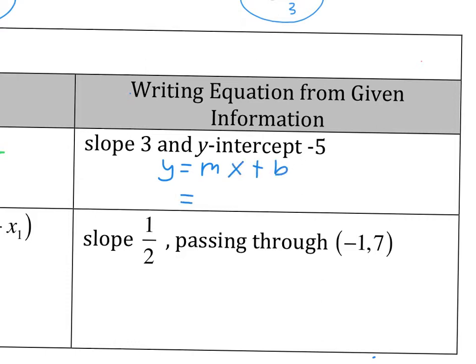And all we do is substitute in. My m is slope, so that's 3. My x is all the numbers that I can put in. And my b is negative 5. And that's my answer. That's it. Y equals 3x minus 5. We'll get to in a moment how this graphs, but we do just want to be able to interpret these real quick.